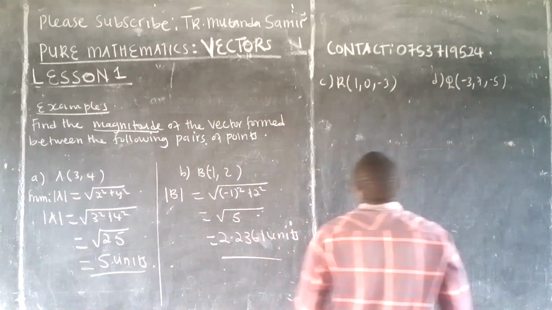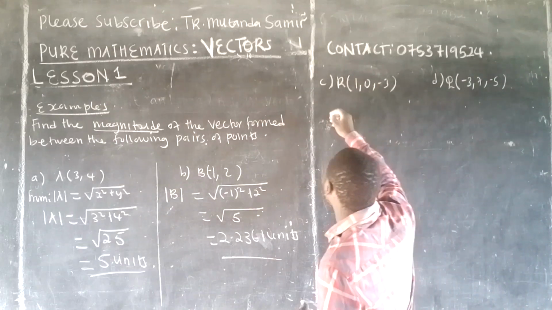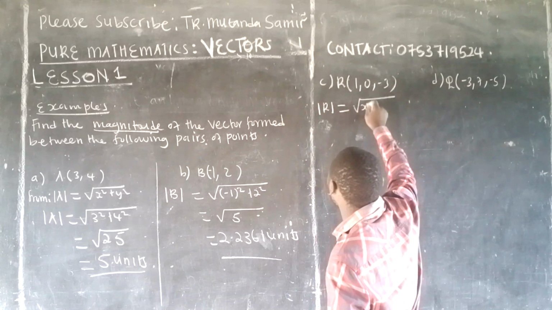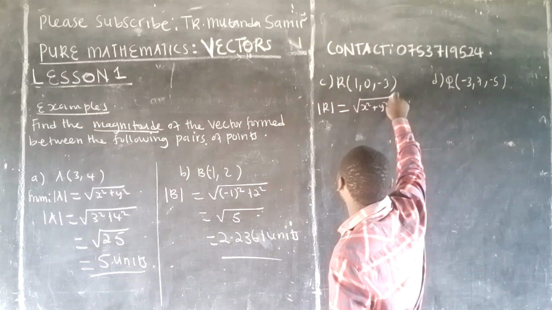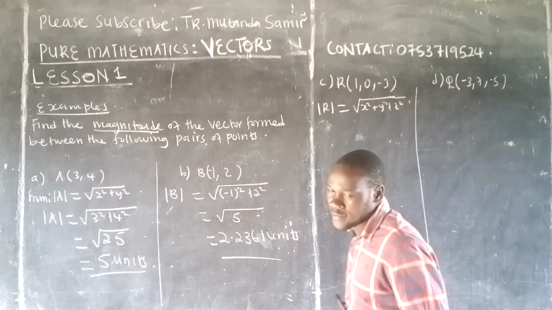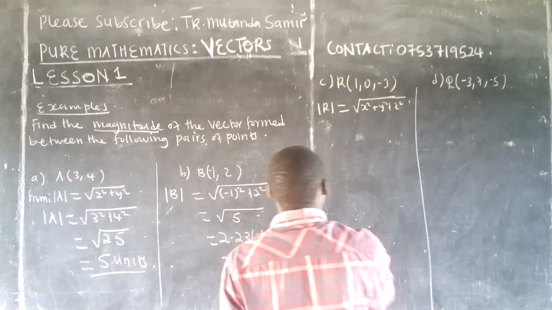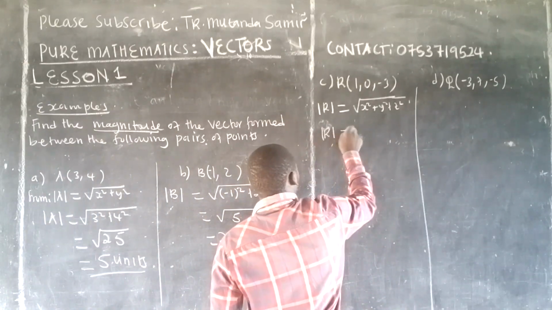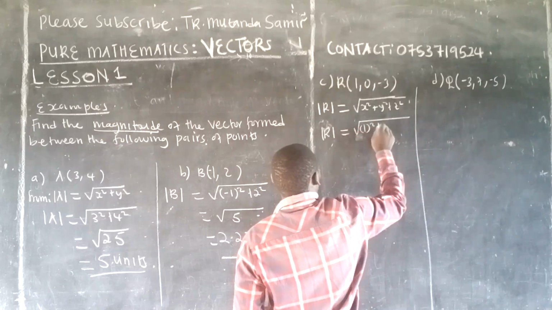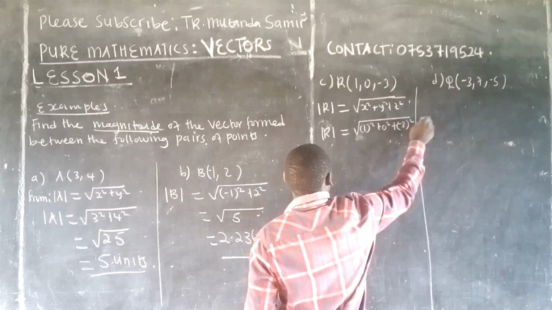Okay, now let's come to this side. You want to get the magnitude where they are in 3 dimensions. You have 1, 0, negative 3. So that means that the magnitude of r will be the same as this: the value of x squared plus the value of y squared plus z also squared. Then, what are we going to do next? The magnitude of r is the square root of 1 squared plus 0 squared plus negative 3 squared.